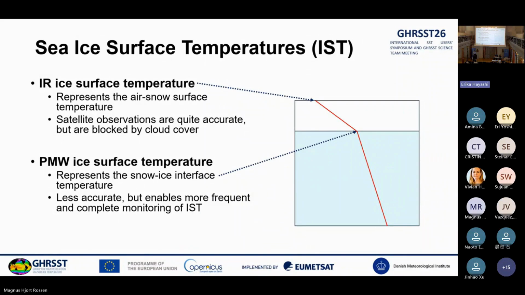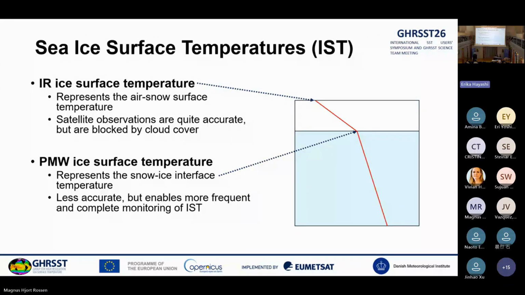As Jakob already explained a few minutes ago, there are two different kinds of sea ice surface temperature in the sea ice system. The first is the snow surface temperature, and the second is the real ice surface temperature. If we use infrared observation, we can get the air-snow surface temperature.